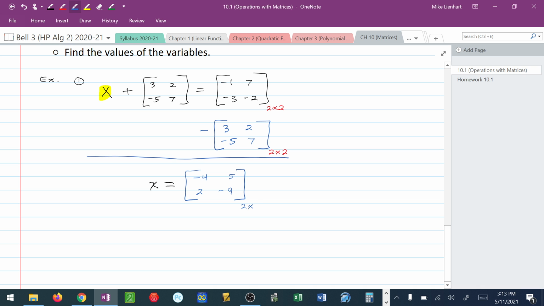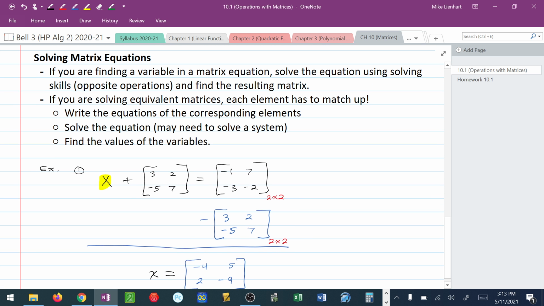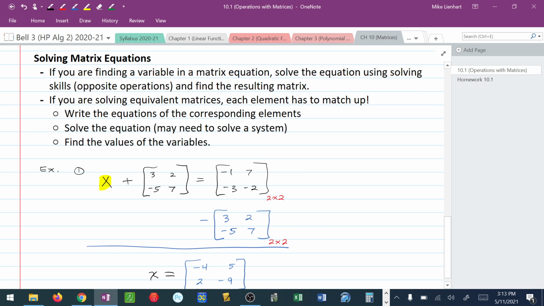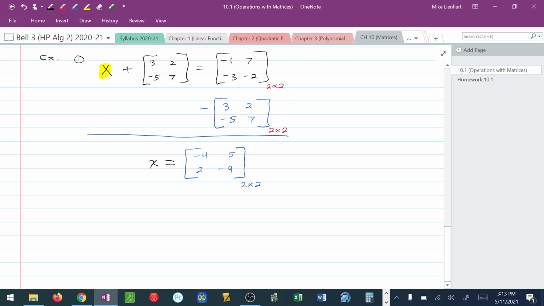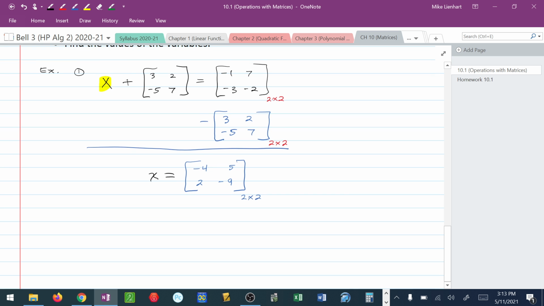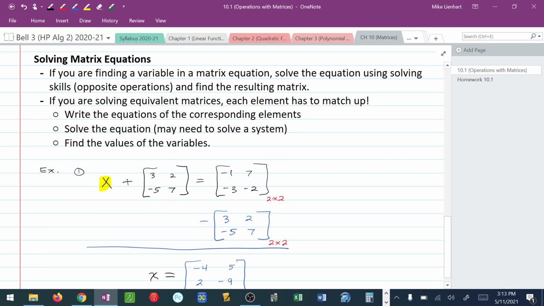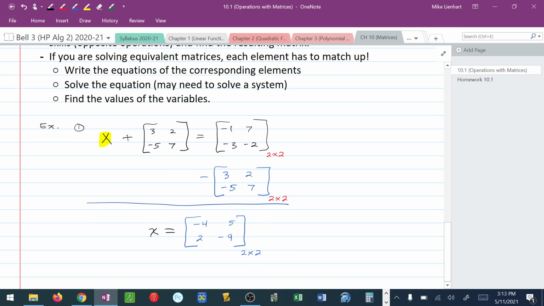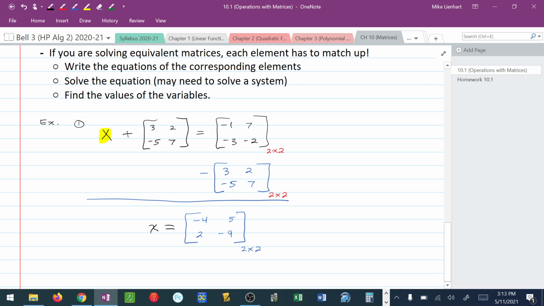My resulting matrix, or what x is equal to, would be this 2 by 2 matrix. So one of the ways that we solve these matrices is simply use them as part of a solving an equation process. The second way I've got highlighted right here on the top of the page.